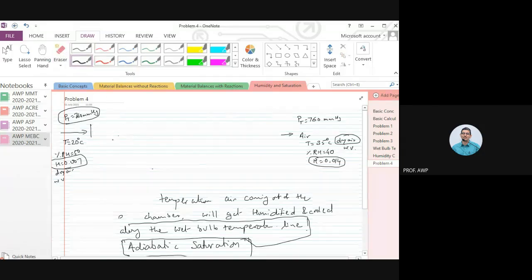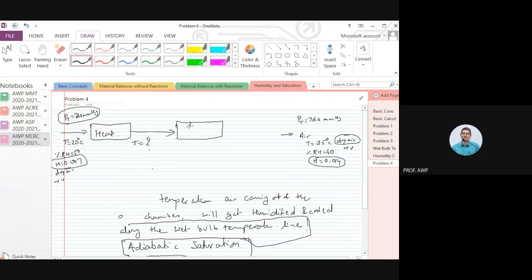We will first heat the air to some temperature. Let's find that temperature. Then we will spray water at the wet bulb temperature of incoming air.